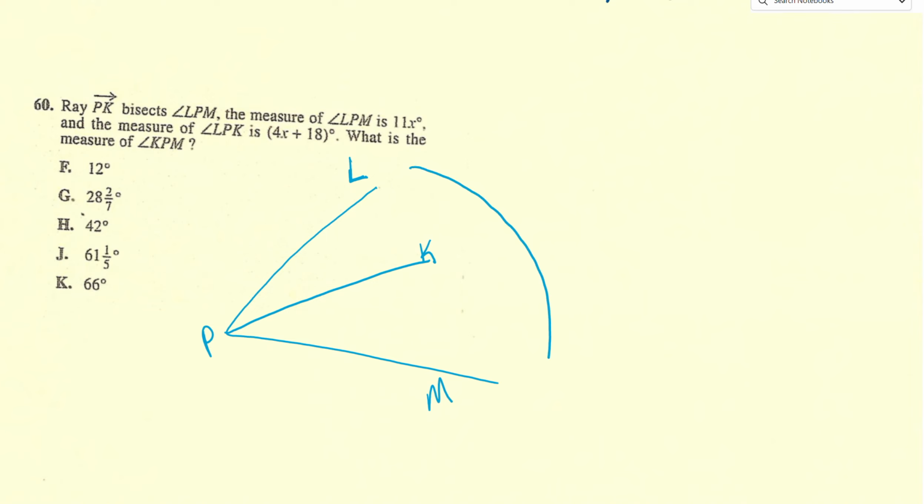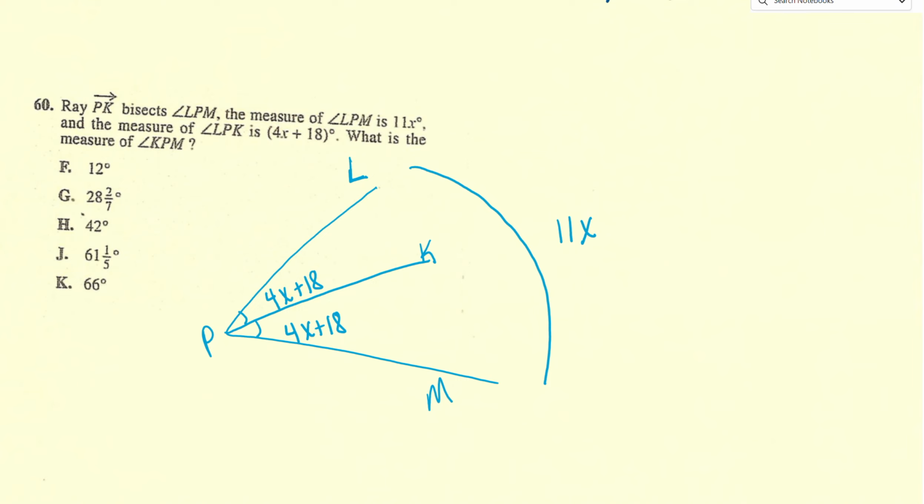LPM, the whole thing, is 11x. And LPK is 4x plus 18. Well, if that's 4x plus 18, the other side is 4x plus 18, because remember it bisects it. That's two equal pieces.